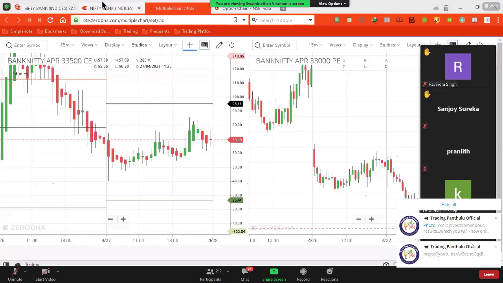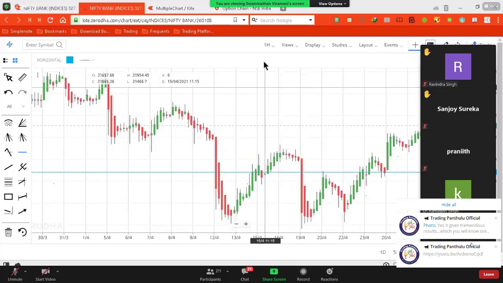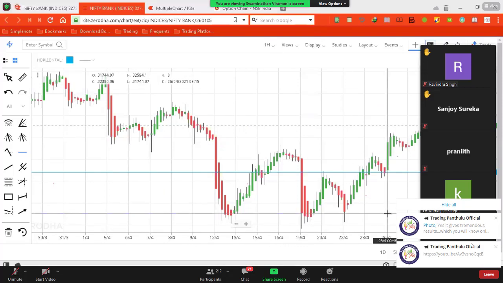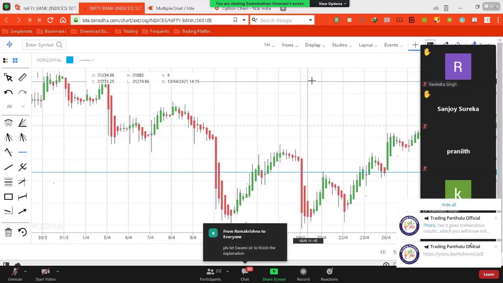Typically what I do is I look at the trend on the larger time frame. I typically look at a 1 hour or 2 hour time frame to look at my trend. And if there I don't see a trend change happening, I continue my trade.